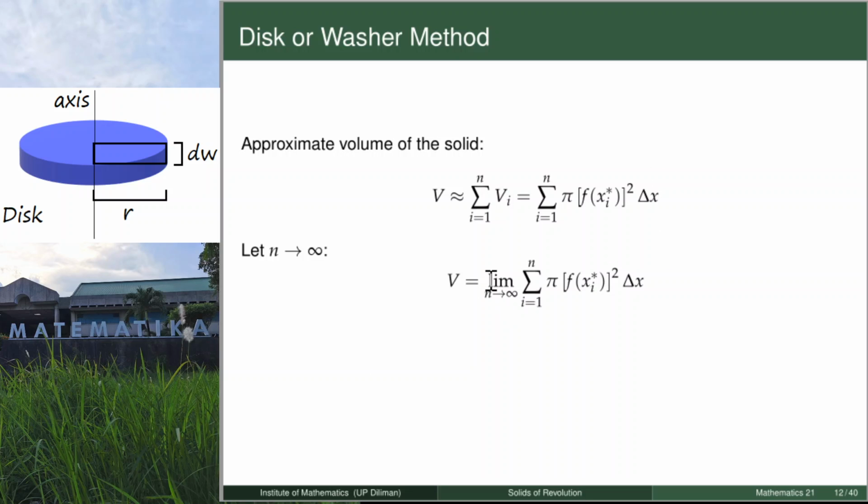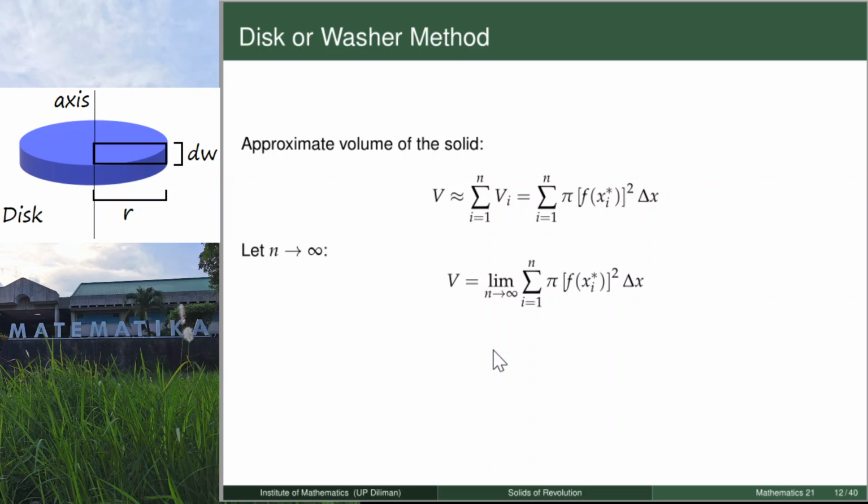So, we take the limit as n approaches infinity of the approximate of the volume, okay? And this right-hand side will be equal to the actual volume of the solid. That's why here we get an equal sign as opposed to the approximately equal sign from before. So, because this is already the actual volume.